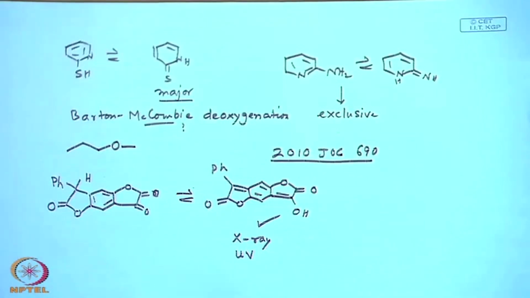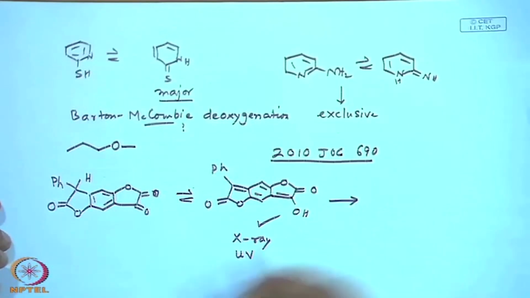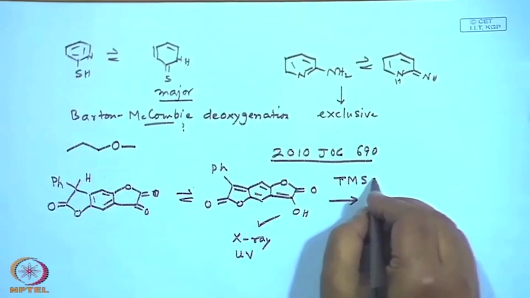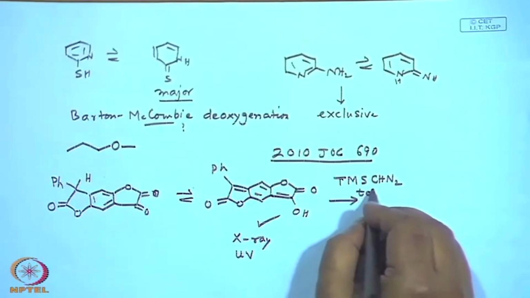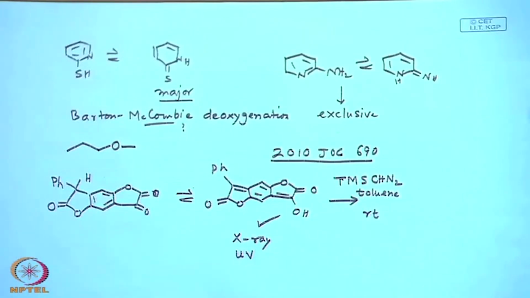So, obviously, you have to first know what the UV is, and to do that, what they did was a reaction here, a room temperature reaction. I will write this: TMS CHN2, and toluene is the solvent, and the temperature is room temperature.